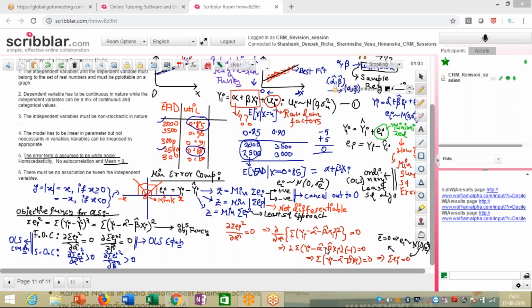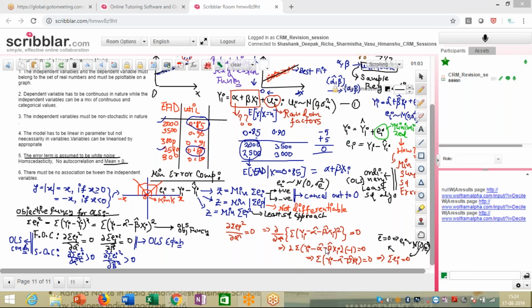So the first important assumption is that the summation of error terms has to be 0, which implies that the mean of the error terms has to be 0, which implies that the error term must be white noise. Now let's move to the next part. Error terms being white noise is not only that the mean is 0 and variance is constant; it should also mean that two error terms are not correlated.